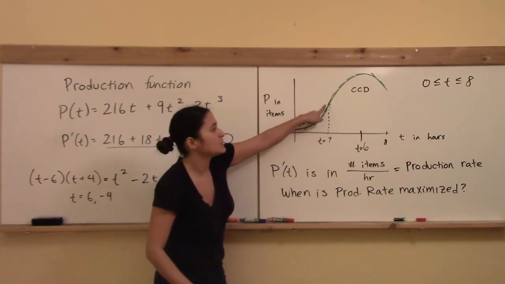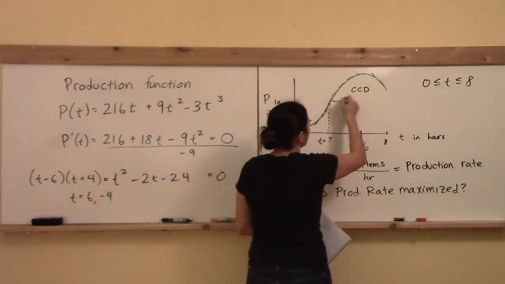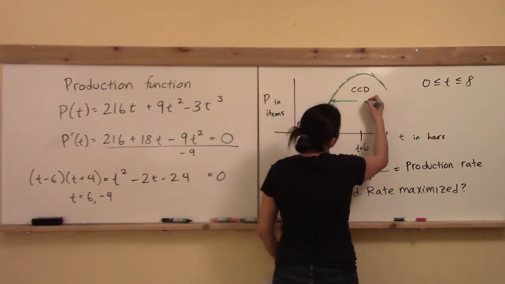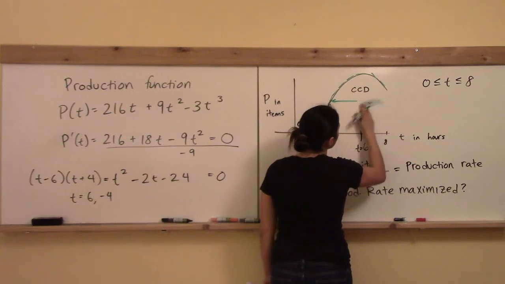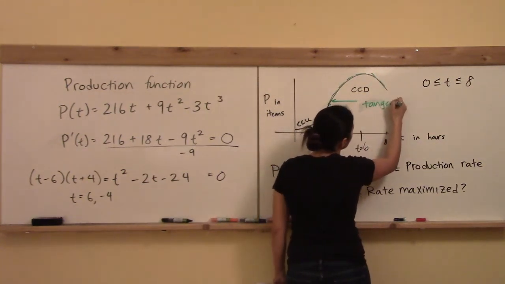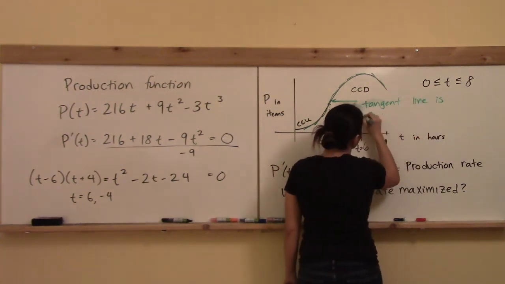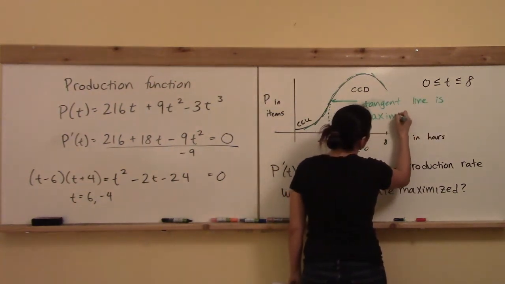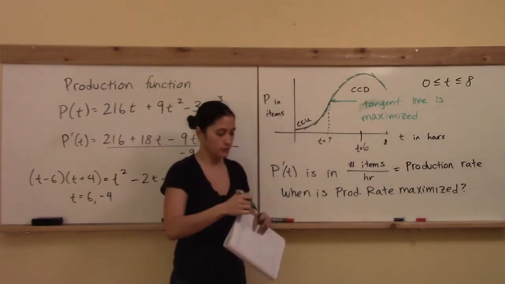That's when the tangent line is as steep as it possibly will be. Okay, so right here, the point of diminishing returns is the place where the tangent line is as steep as it possibly will be. The tangent line is maximized at the point of diminishing returns, okay?